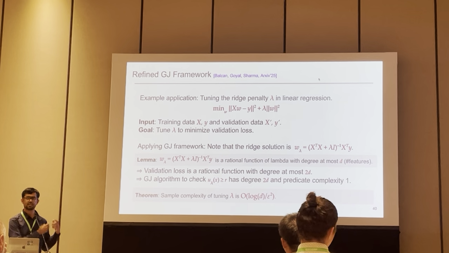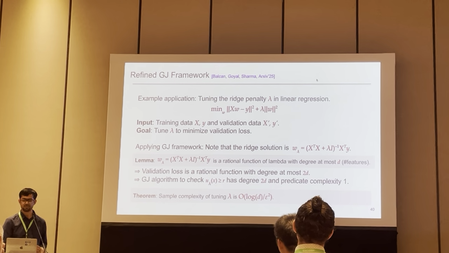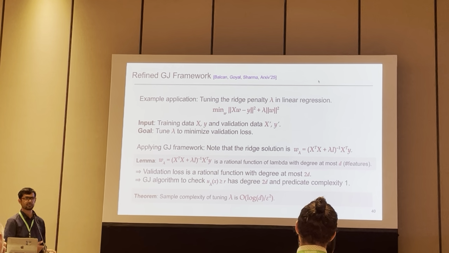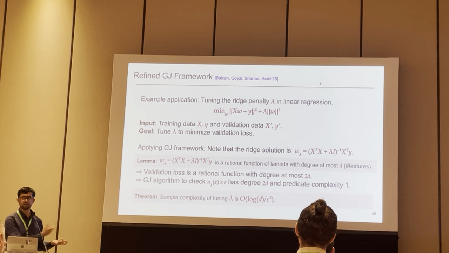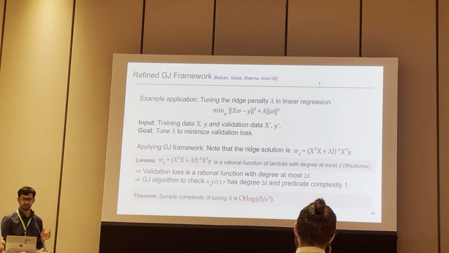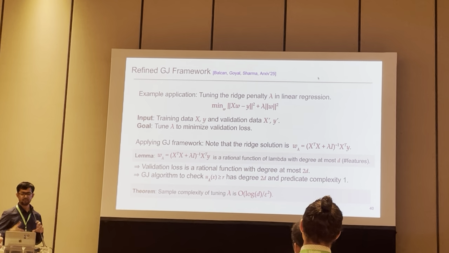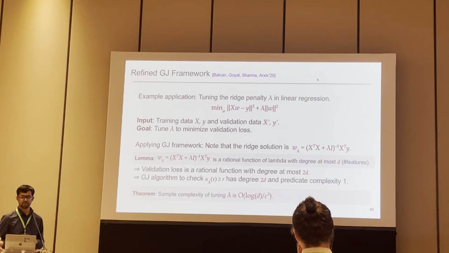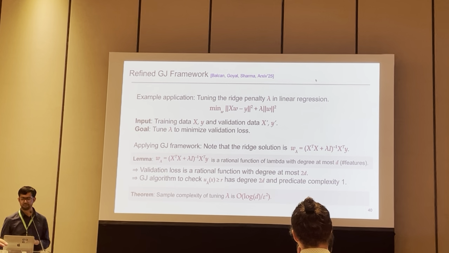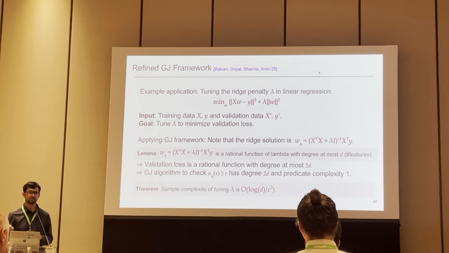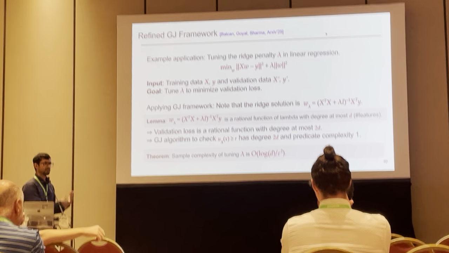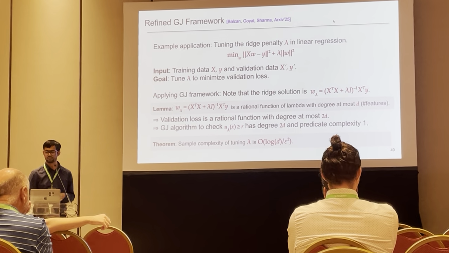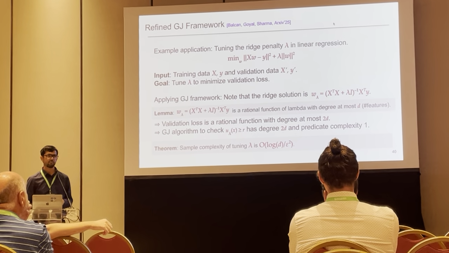So how do you set the value of the L2 penalty, which is a coefficient of this squared norm? The idea is you have a training set and a validation set, and you want to set your L2 penalty to minimize the validation loss. If you've seen ridge regression, you might also know that in this case there's a closed form solution given by this matrix inversion.